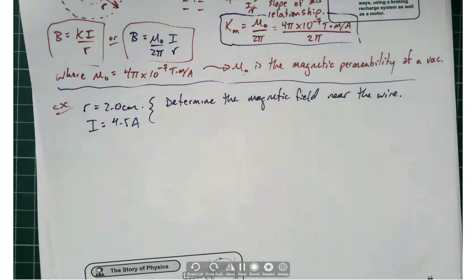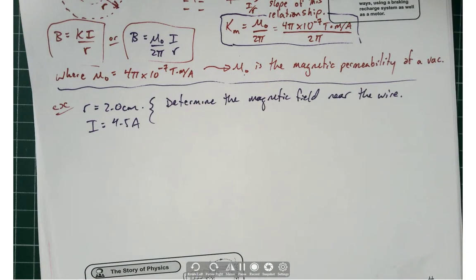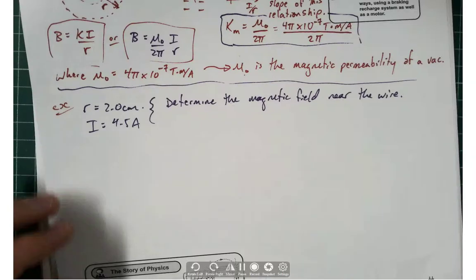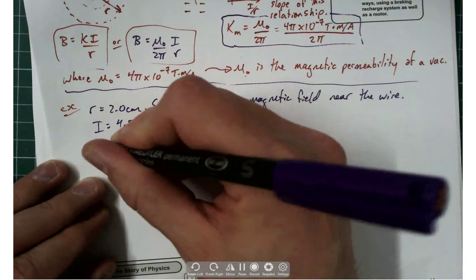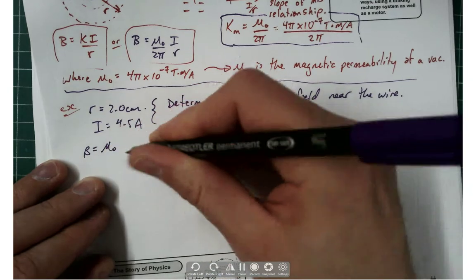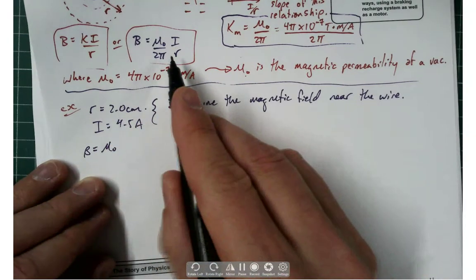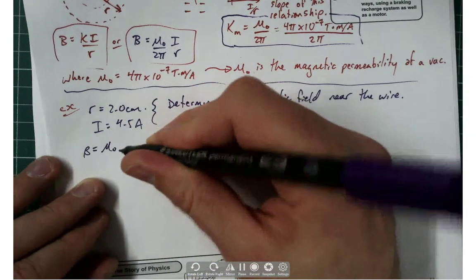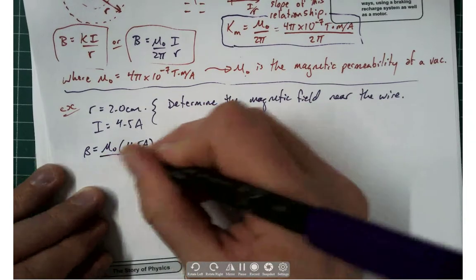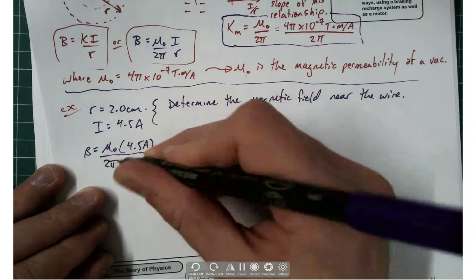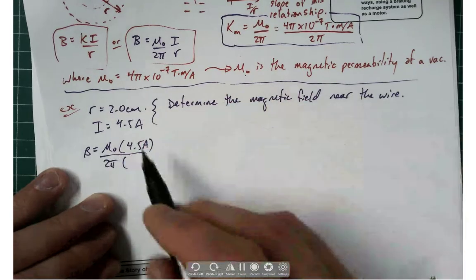Okay, so we're talking about the exact scenario that we have up above, where just like you might be expected to know acceleration due to gravity is 9.81 or something like that. We would say B is equal to mu naught times, and I'm just subbing into my formula, 4.5 amps divided by 2 pi times, I wouldn't write it as 2 centimeters.